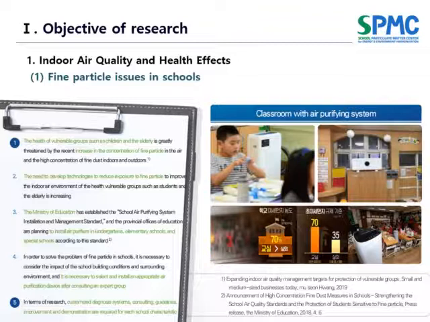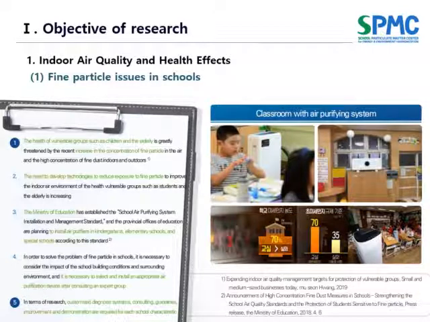Today in Korea, since the fine particle concentration in the atmosphere has increased, it has become a big issue. High outdoor particle concentration is one of the primary factors that influence indoor particle concentration.